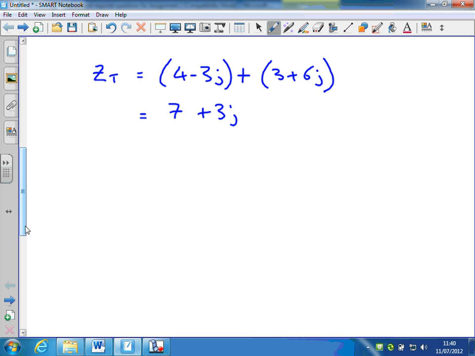Because I want to do the division in polar form, I'm going to convert that to polar. That gives me 7.6 angle 23 degrees to the nearest degree.